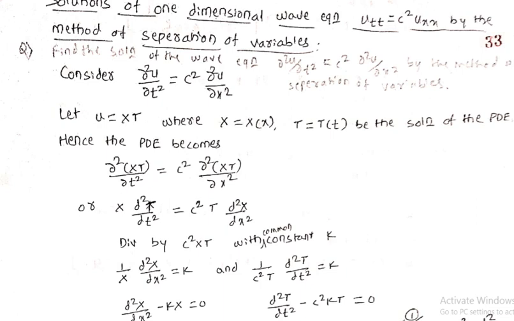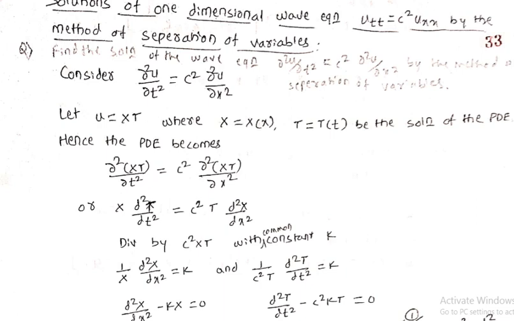Now we will convert the partial differential equation into an ordinary differential equation. With respect to t, we write XT as X into d square T by dt square.